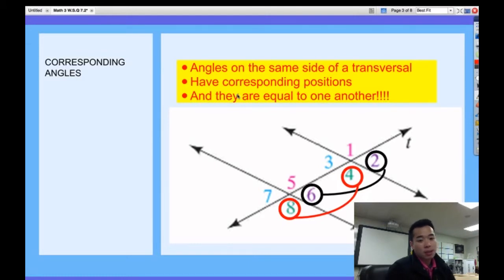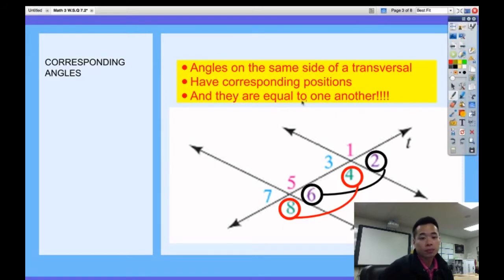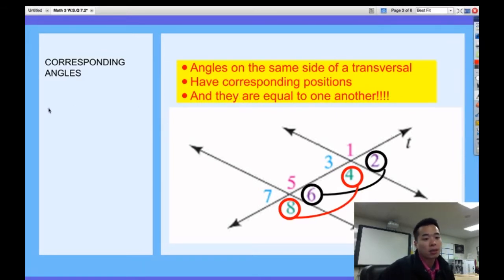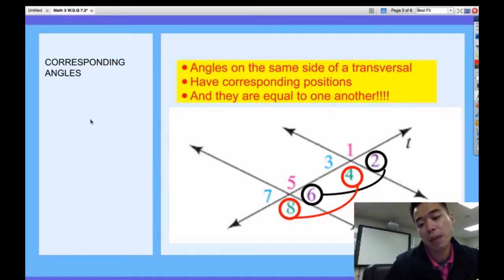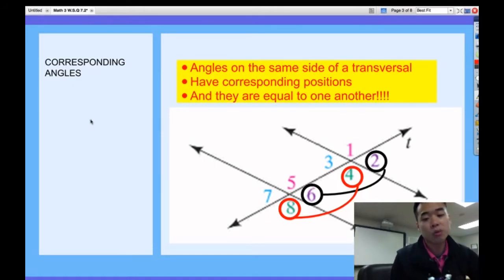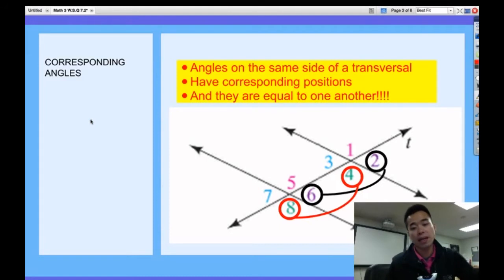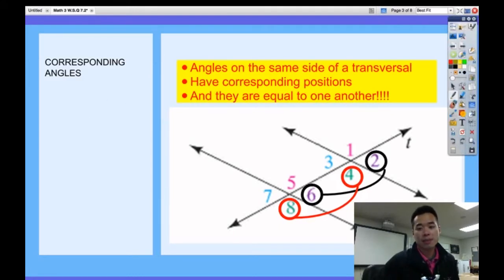In other words, corresponding angles are same side, same corner of the transversal. If you look on the screen, you'll see I circled it in black and also in red. So angle 2 and angle 6 are called corresponding angles because they sit on the same side of the transversal and they're also in the same corner or same section.